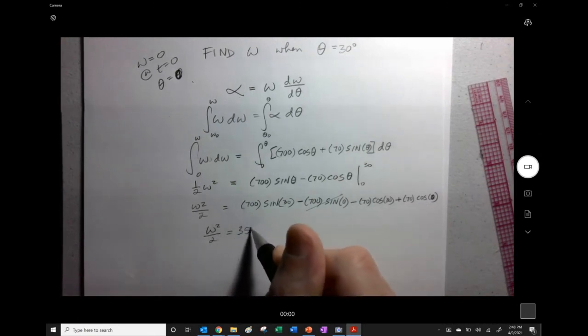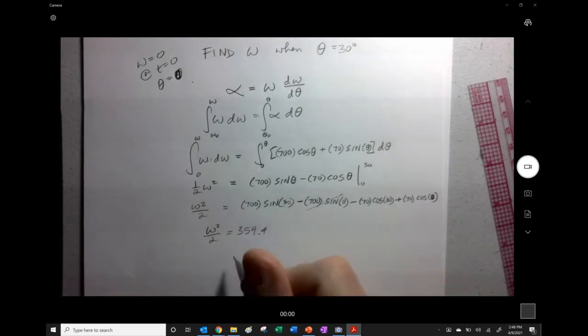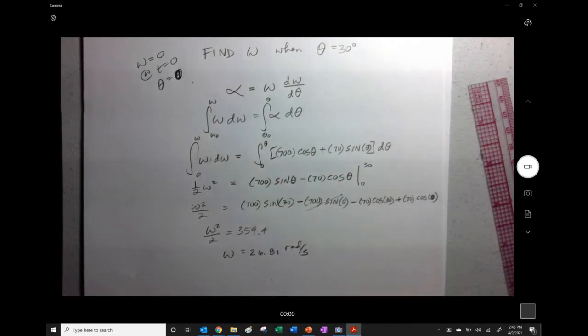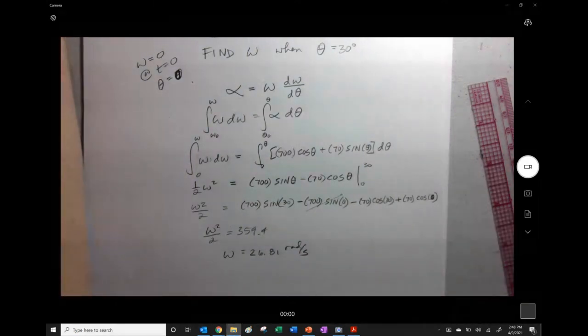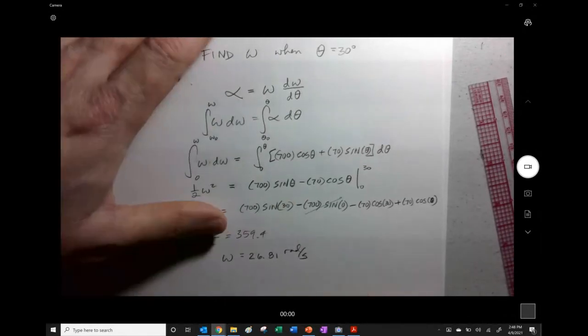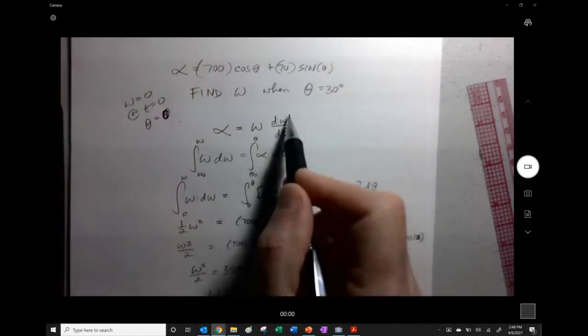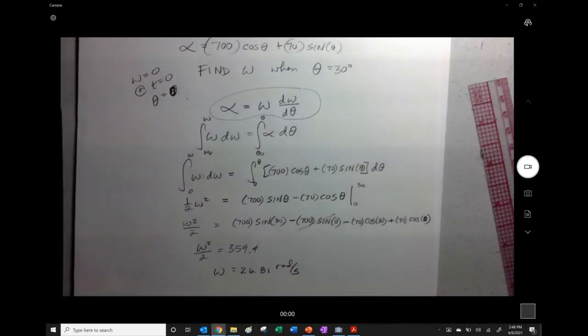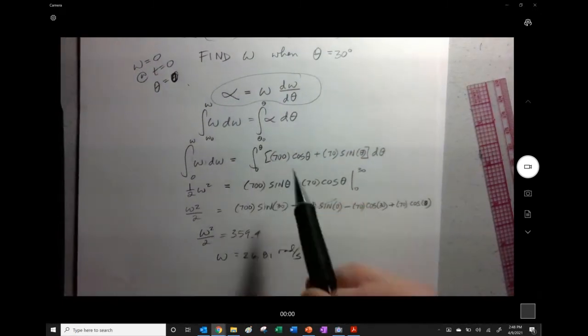We get 359.4, and so multiply by 2 and take the square root, and we get omega equal to 26.81 radians per second. And that's really just an implementation of these fundamental kinematic relationships, but in the angular versions of them.